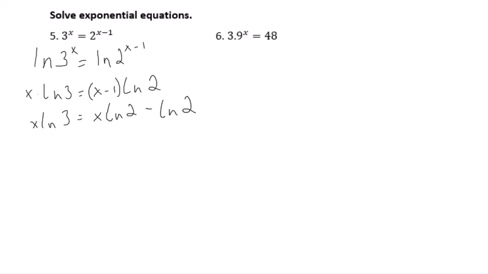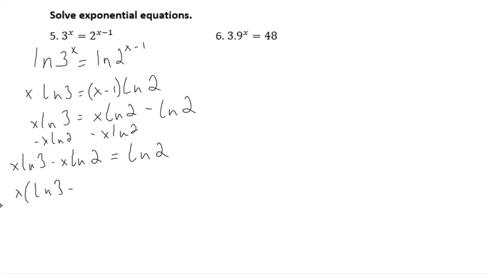Get your x's to one side, and we get x ln of 3 minus x ln of 2 equaling ln of 2. Factor out that x, and you get ln of 3 minus ln of 2.